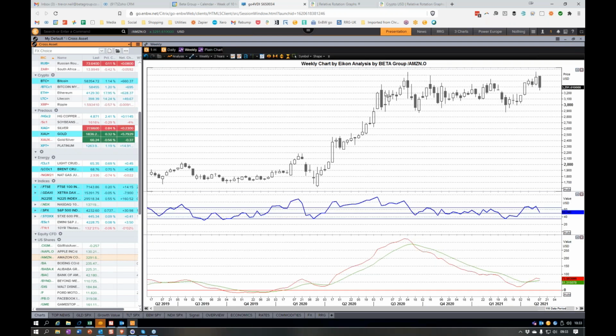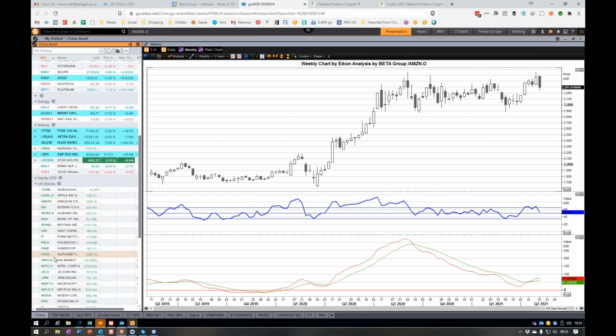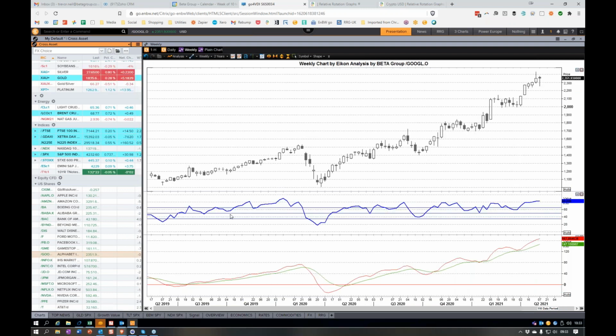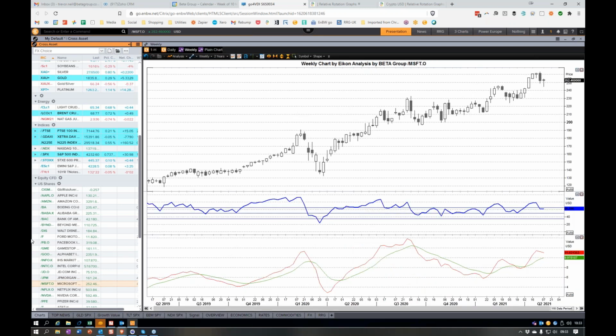Amazon, again, it's hesitating at the high here. I think this is probably going to break the high. Going now on to others, let's go to Google, to Alphabet. This is looking great. This one is terrific. This is the best one of the FANG stocks, and actually almost on its own, really. No, sorry, Microsoft too.